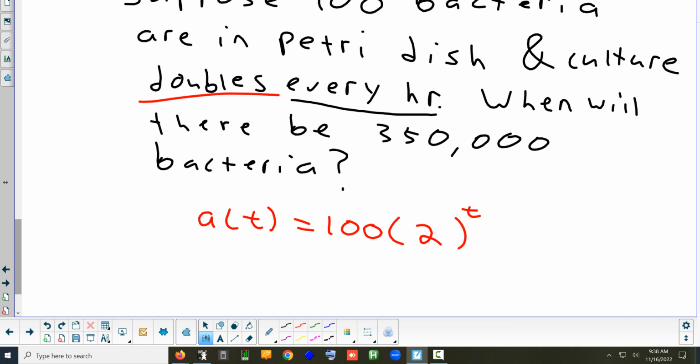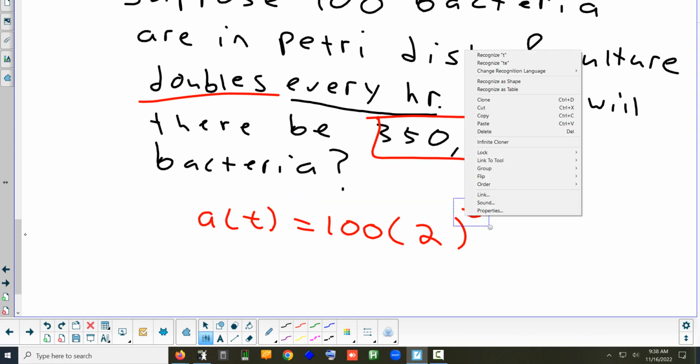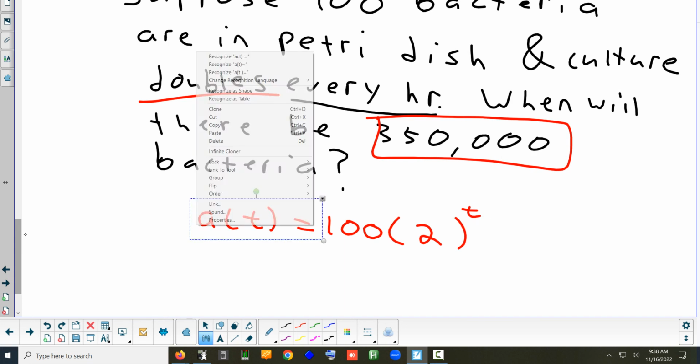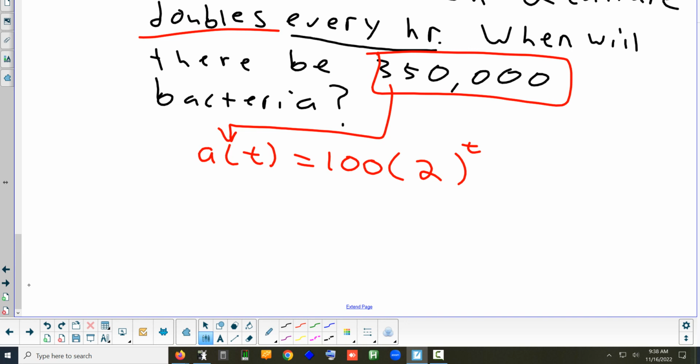Now it's just a matter of looking at the 350,000 and asking yourself 2 questions. Is 350,000 a time, or is 350,000 an amount? If it's a time, put it here. If it's an amount, put it here. Which one is it? It's an amount. So the 350,000 is going to go here, and we're going to do the same thing we did in the last problem.